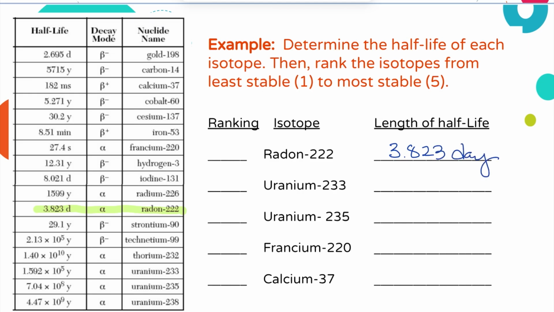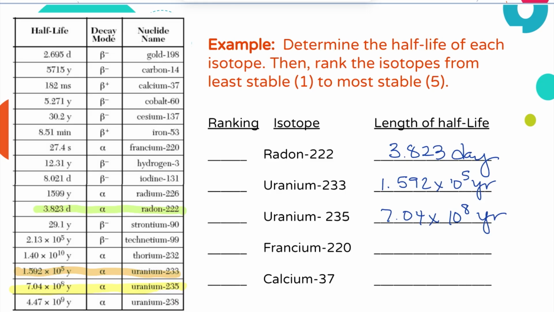D is for days. Uranium-233, I've got alpha decay, and that is 1.592 times 10 to the 5th years. Uranium-235, 7.04 times 10 to the 8th years. That one was right here.